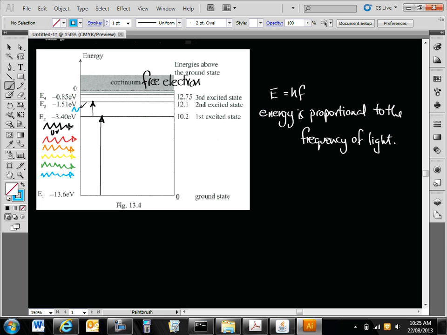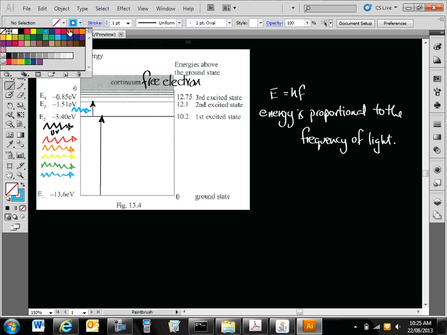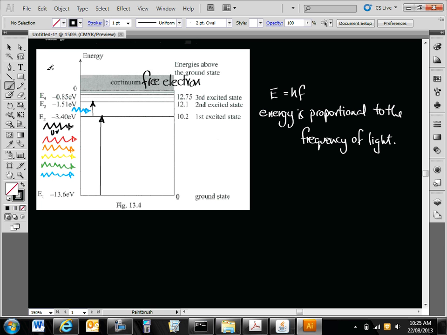Now, blue comes in, causes that jump. The electron gets excited. The atom itself gets excited. What it doesn't like to do is stay excited. It likes to go back to its ground state very quickly. And what can happen is you can have this energy jump very quickly back down.